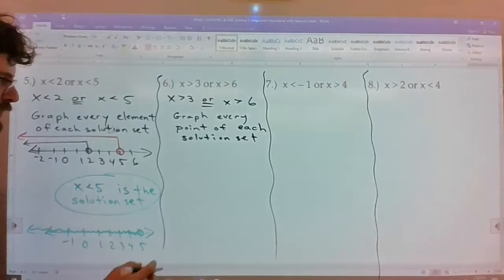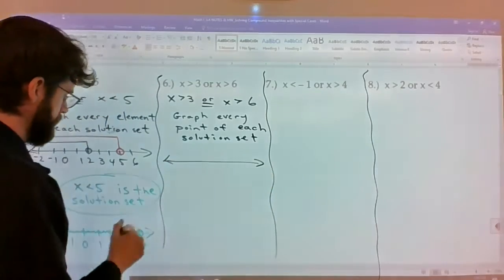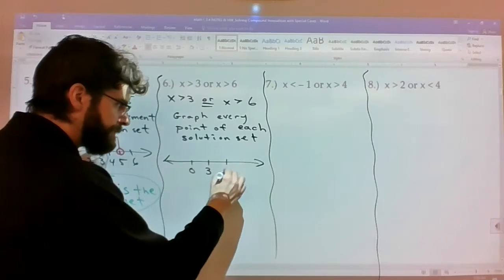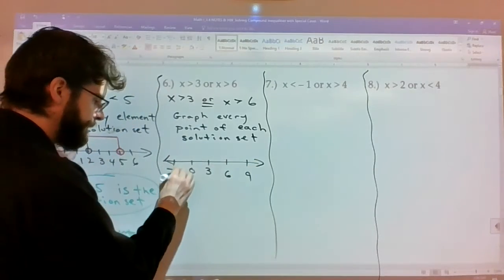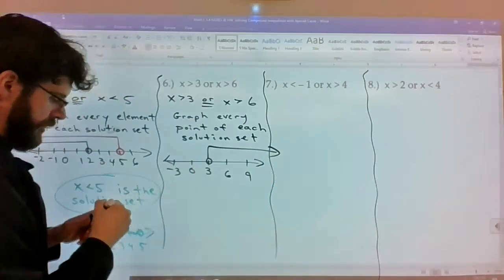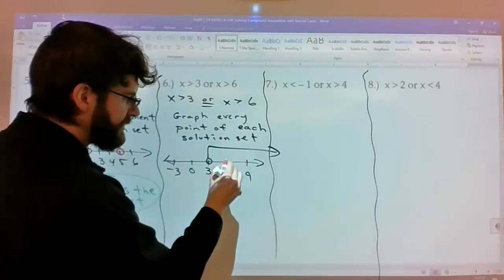Which, if you check it out visually, you've got 3, 6, 9. Open circle black on 3. Open circle red on 6.